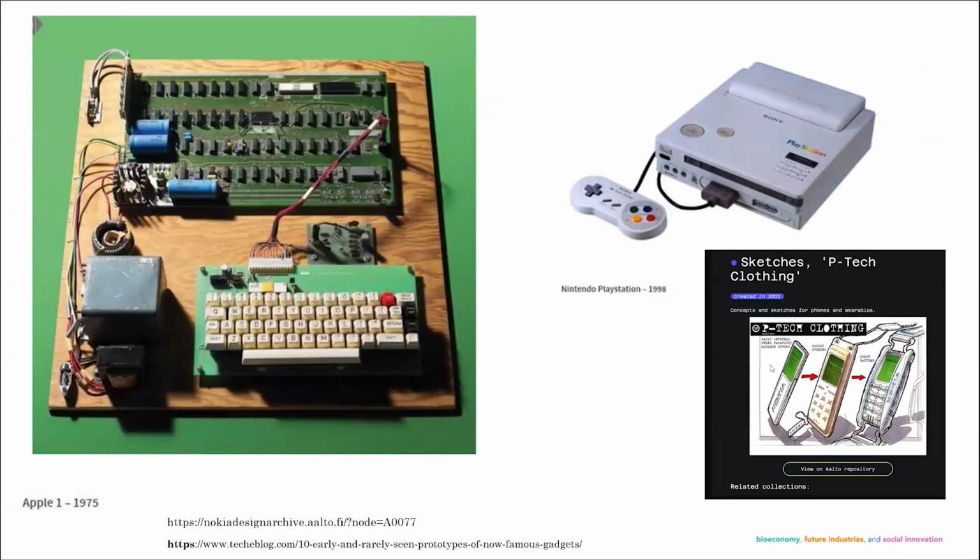Here are some different level prototypes. So the first one on the bottom right corner is a sketch from BTech Clothing, a wearable intelligence creation from Nokia.